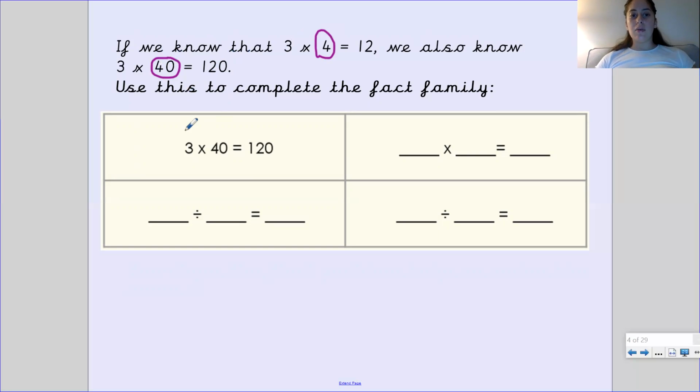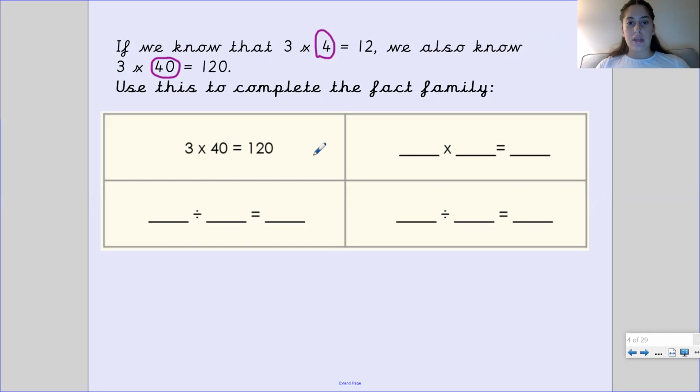Now, if I know that 3 times 40 equals 120, can you use this to complete the fact family? Can you write another multiplication number sentence and 2 division number sentences? Okay, so we know that multiplication is commutative.